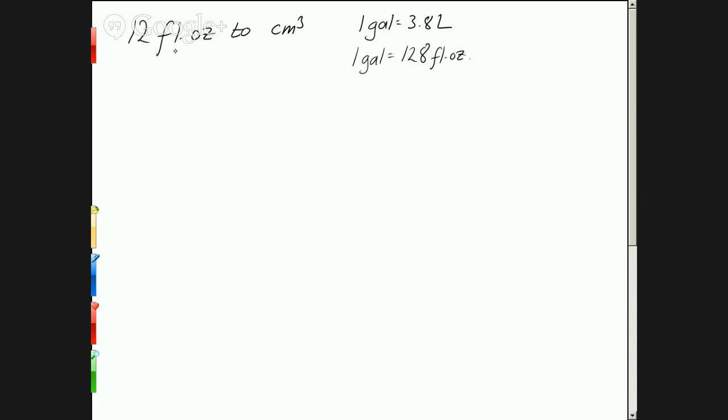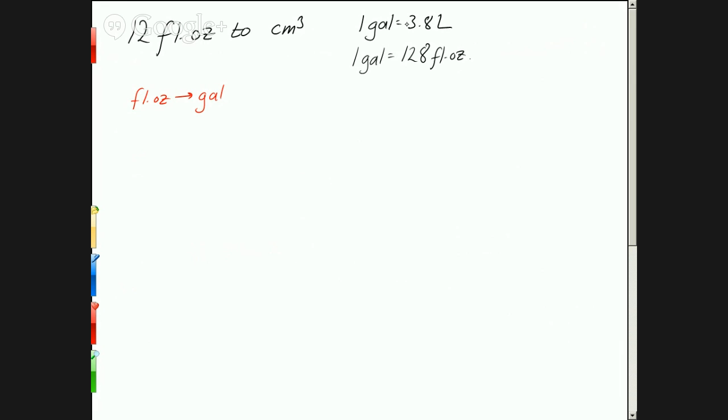So you saw fluid ounces here, and we need to get to cubic centimeters. So we're going to go fluid ounces to gallons. How did you know to do that one first? For me, I just... Remember that the main strategy here is, if we think about this problem overall, we're going from English units to metric units.